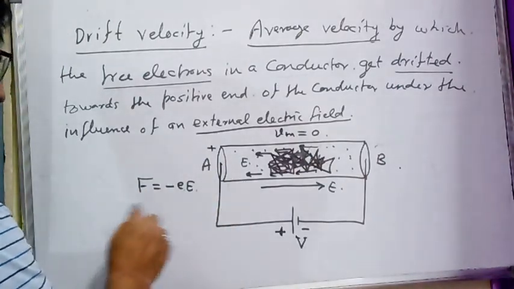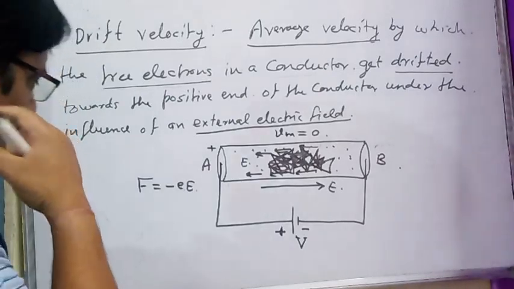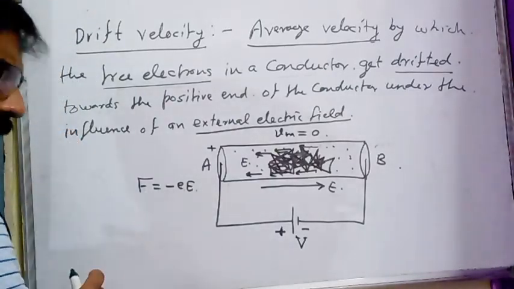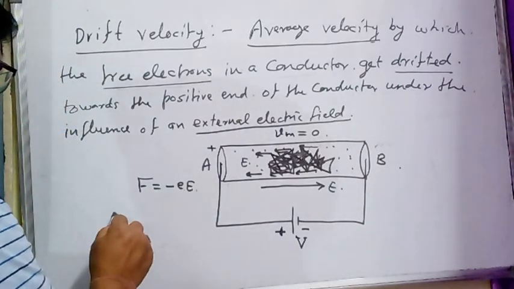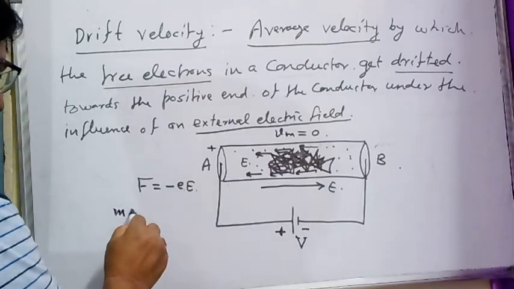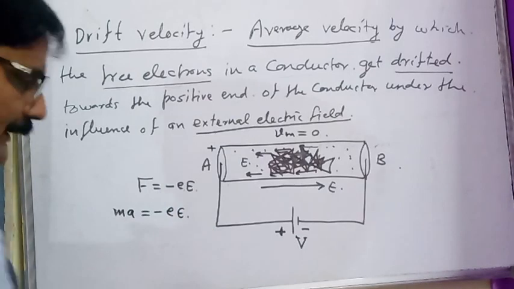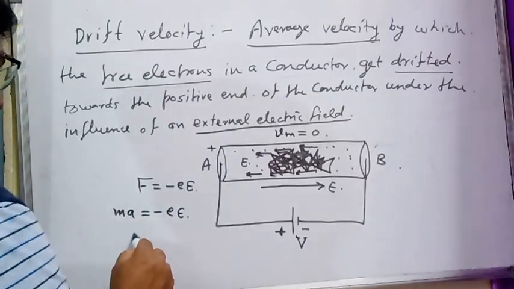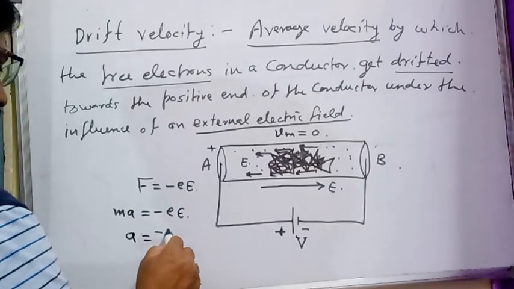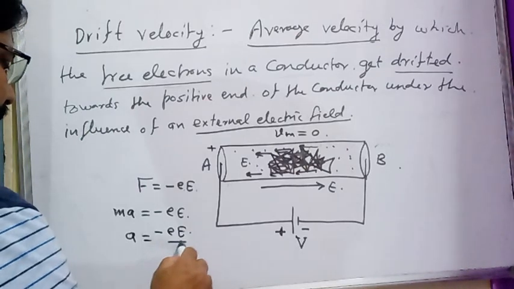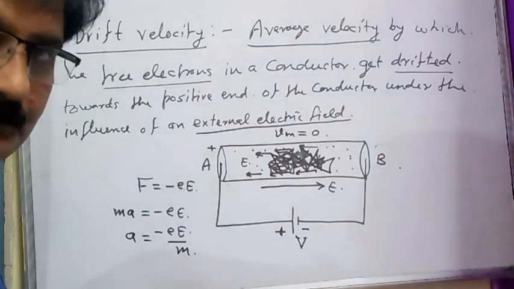By the second law of motion, we can write the force acting on the electron: mass of electron m into a is equal to minus e into E, and the acceleration of the electron is going to be minus eE divided by m.